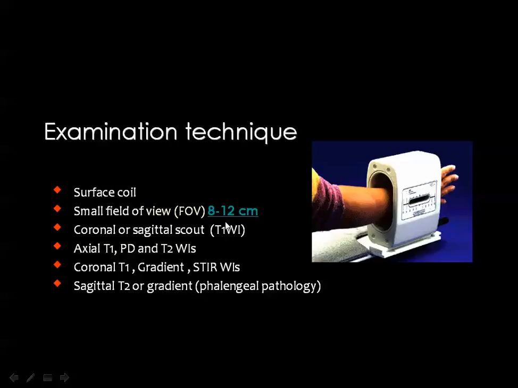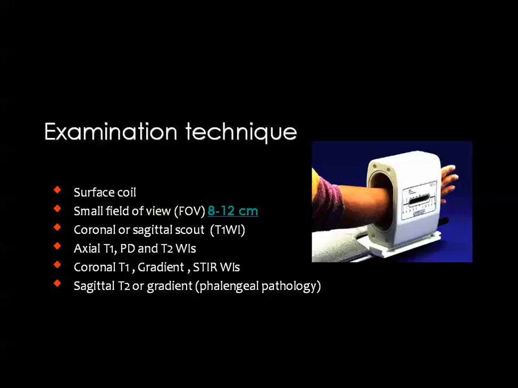The appropriate field of view is, according to the literature, from 8 centimeters to 12 centimeters. What happens usually in clinical practice is that the operator selects a larger field of view so that he can examine the patient in a shorter time.